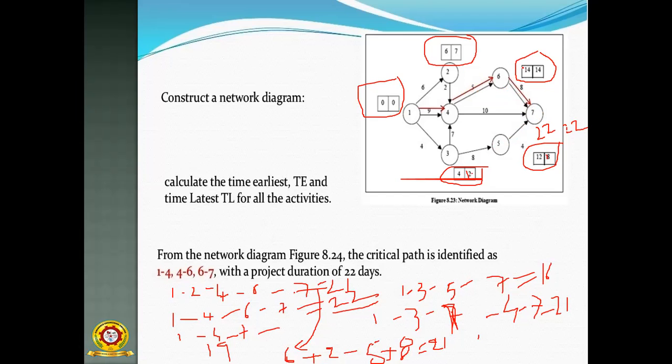Okay, 14. 14 minus 5, 11. Okay, so 22 minus 8, 14, 14 minus 5, 11, 11 minus 9.